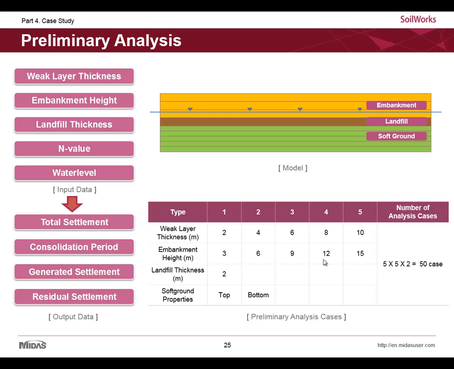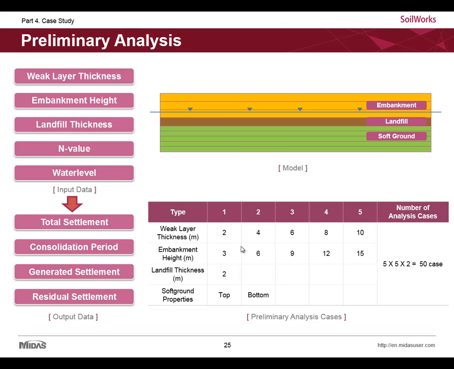Okay, so the first case study is the preliminary analysis. We can estimate the total settlement, rate of settlement, and degree of consolidation only with these kinds of geological and geotechnical information. And then we can make a decision whether this section needs to be constructed with any kind of improvement method or not.